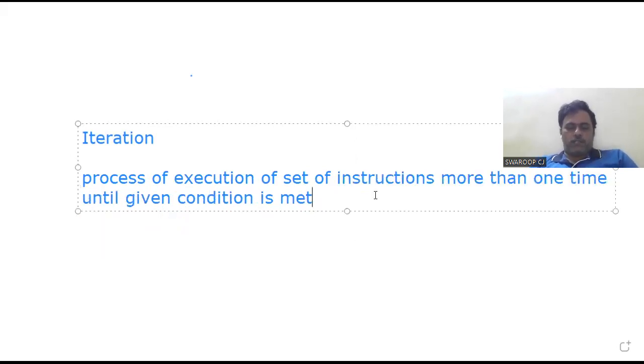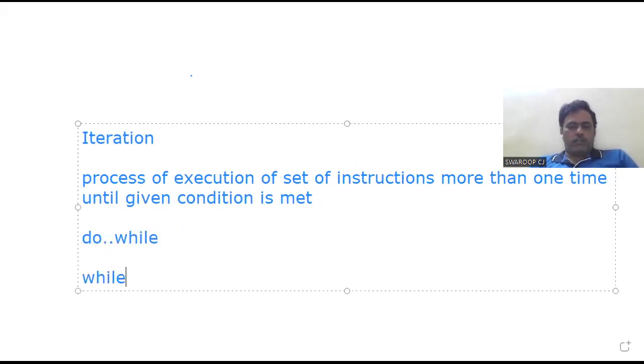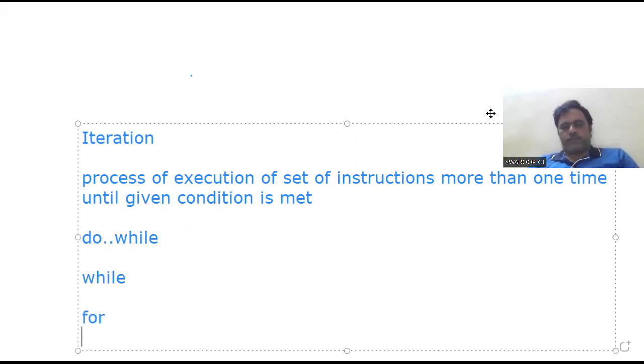So what are the examples here? We have do while, we have while, we have for.